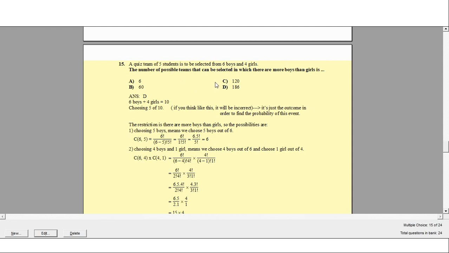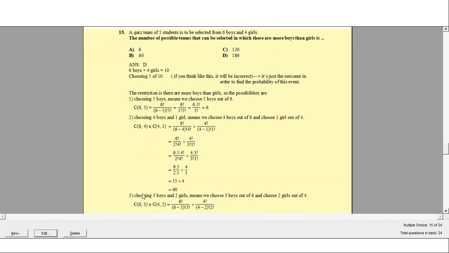So firstly, you need to consider the restriction here. To choose 5 students from 6 boys and 4 girls with the restriction that the boys are more than the girls, the possibilities will be these. We have 3 possibilities: the first, second, and third.